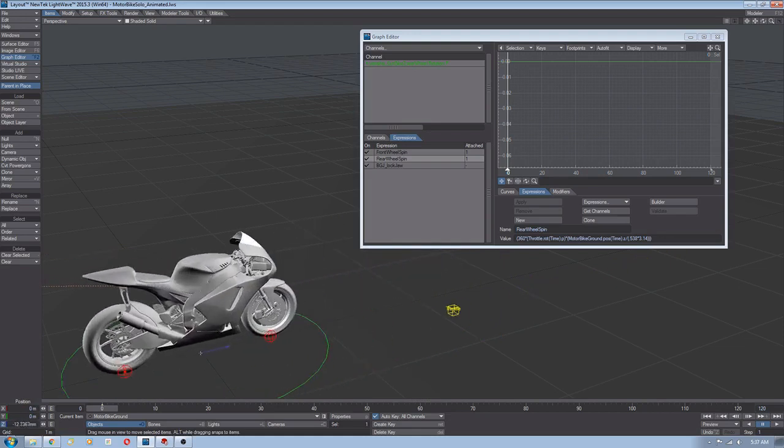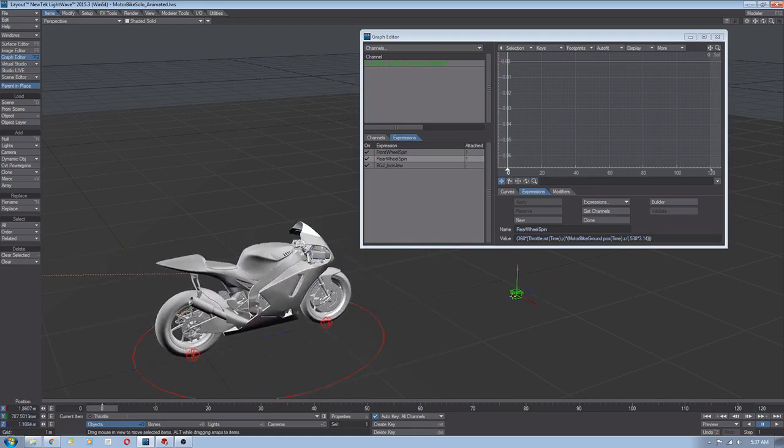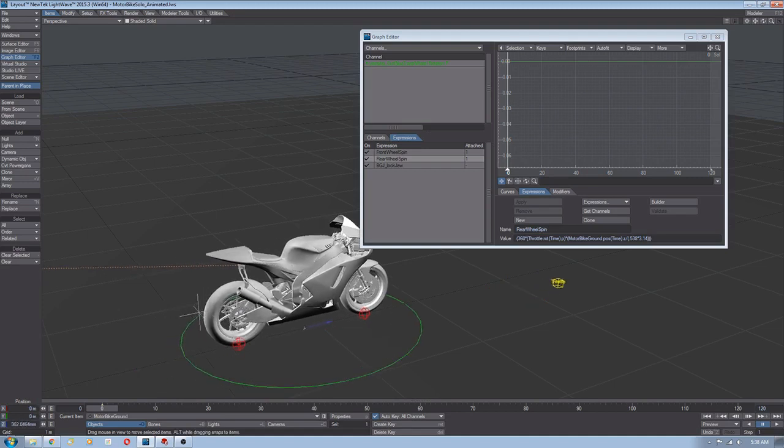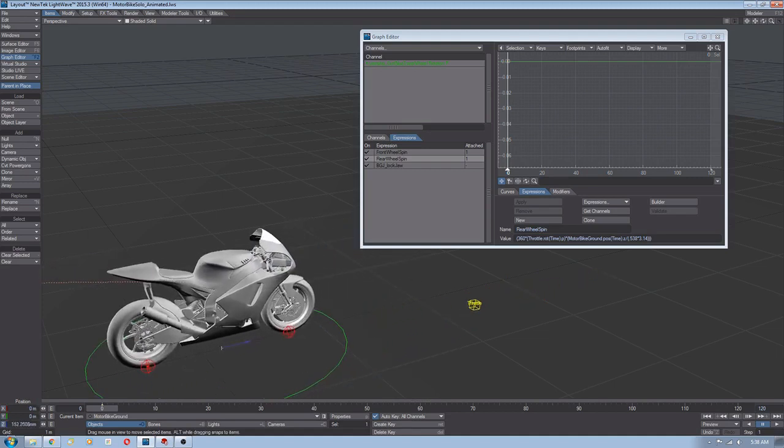As you can see, the wheel is not spinning. And then, of course, if I change it to 1, it's going to spin at the right speed. If I change it to a value greater than 1, like 5, then you're going to get the wheel spin, just like that.